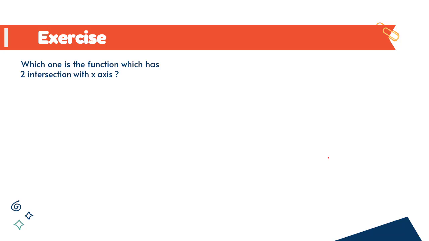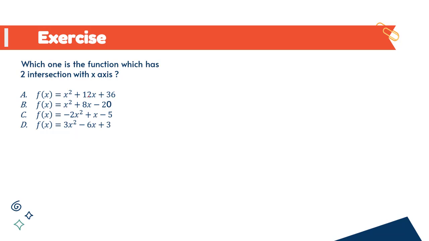To give you an idea about the discriminant, let's do an exercise. This is the first question. Which one is the function which has two intersections with the x-axis? I will give you some time to solve this question. From the question, you get the hint that this function has two intersections with the x-axis.